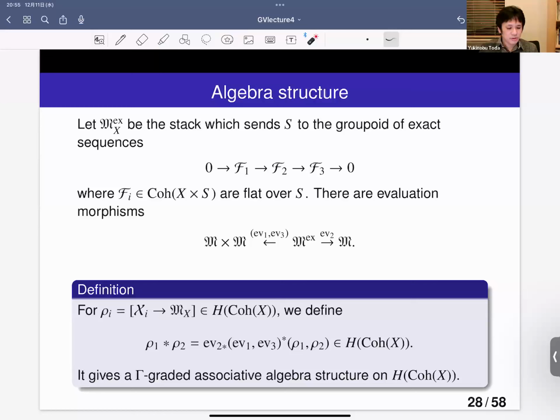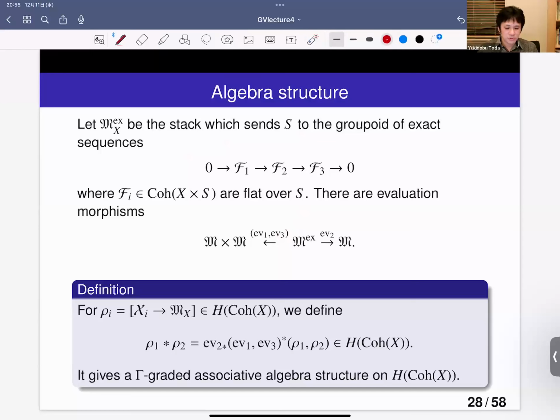In order to define it, let M_X^(2) be the moduli stack of exact sequences of coherent sheaves. In terms of stacks, let's send each scheme S to the groupoid of exact sequences of coherent sheaves, such that each F_i is a coherent sheaf over the product X times S and flat over S. So this is the moduli stack which parameterizes these, and there are various evaluation maps.